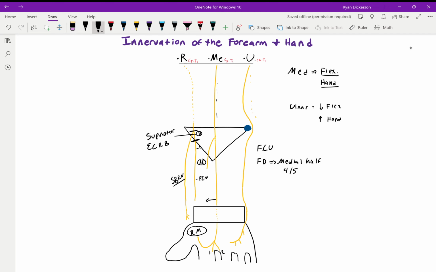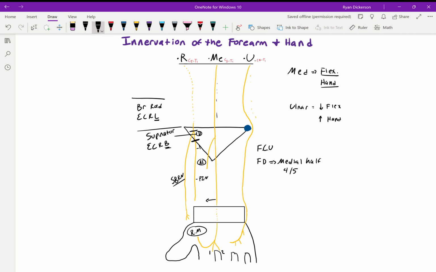Prior to piercing the supinator, there are 2 muscles in the forearm that are innervated by the radial nerve before it gives off those superficial and deep branches, and that is going to be your extensor carpi radialis longus, so longus as opposed to the brevis, and then the brachioradialis.